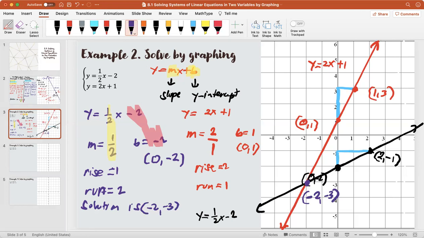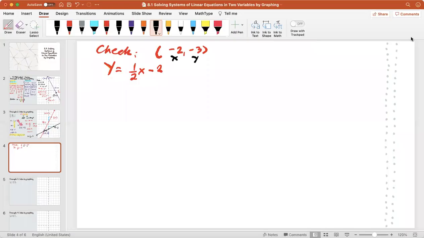But let's try to check that. Is our solution correct? To check that, we just plug in. Now let's check our solution -2, -3 by plugging into our first equation. y equals 1/2 x minus 2.